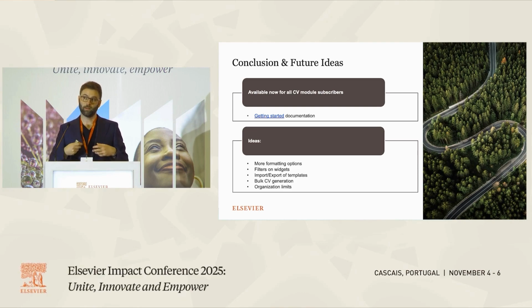So it could be either you generate them in bulk for downloading purposes, if it's for annual review, performance review or something like that. But it could also be that you want to promote it, so you create it on behalf of a set of researchers. So they all of a sudden have the CV. You could go out and say, hey, we created a CV for you. Would that be something you would be interested in using and promoting?